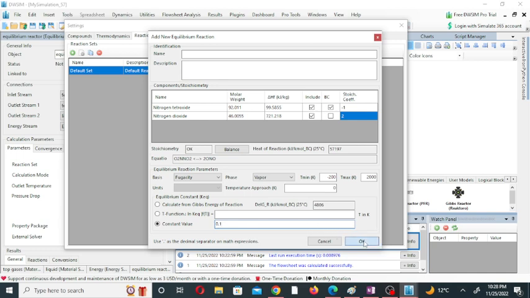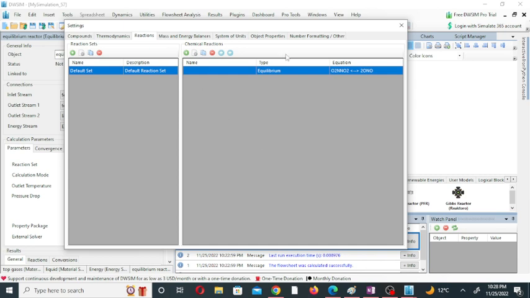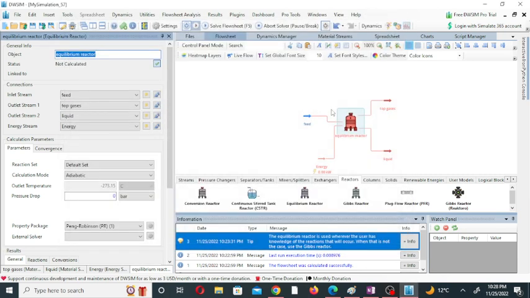Click on OK. So now close this window and double click on the reactor. Double click on the reactor, and this is the reaction set.